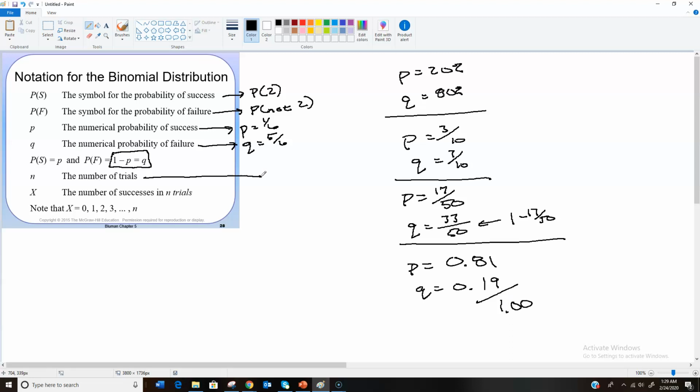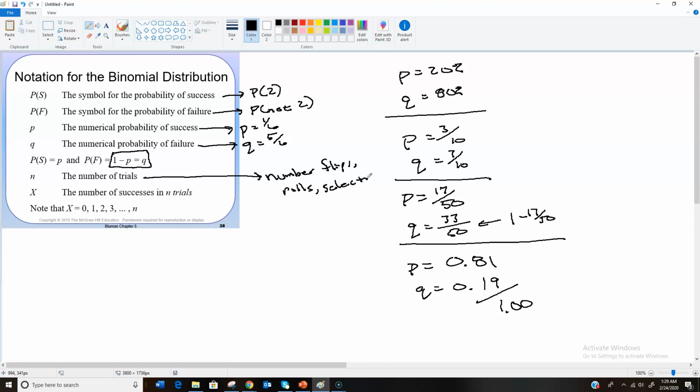n we have seen a lot. That's just the total number of trials. Sometimes we use it as the number in the sample, but in this case the trials are like the samples, so it really does fit in. So n is the number of trials, so the number of flips or rolls or selections.